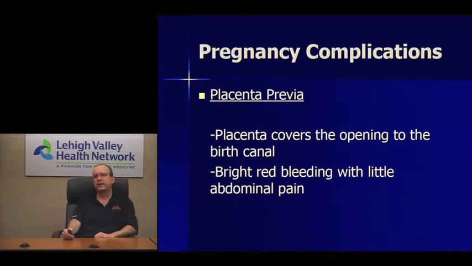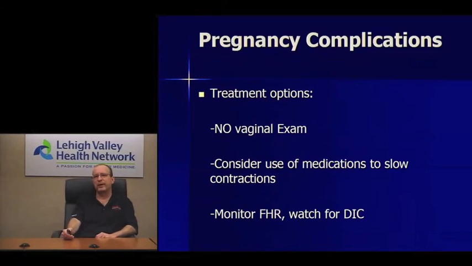Placenta previa, that's when the placenta covers the opening to the birth canal. Bright red bleeding with little abdominal pain. Some of our treatment options, there should be no vaginal exam, and consider use of medications to slow contractions. And we want to monitor the fetal heart rate and also watch for DIC, which can happen.